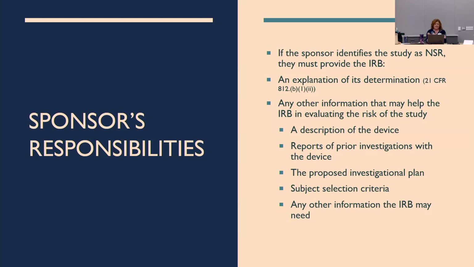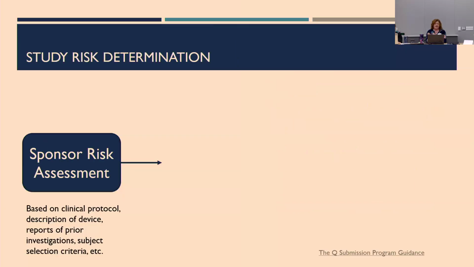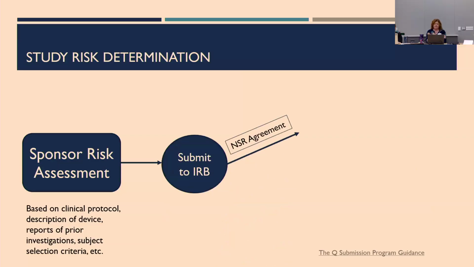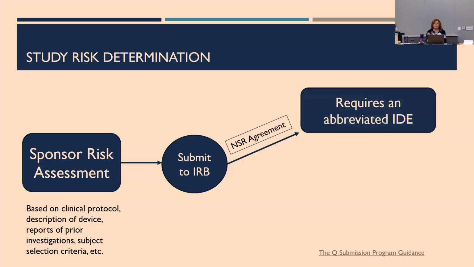So that's the information that the sponsor should then provide to the IRB for their review. If the IRB then agrees that, yes, this study qualifies as an NSR study, then it requires that abbreviated IDE and your sponsor is ready to go start enrollment.